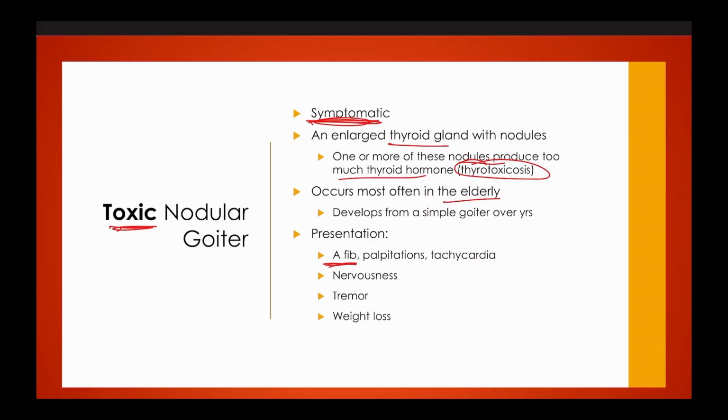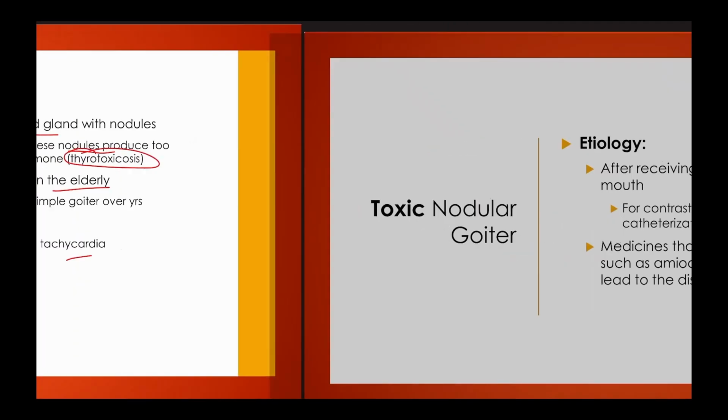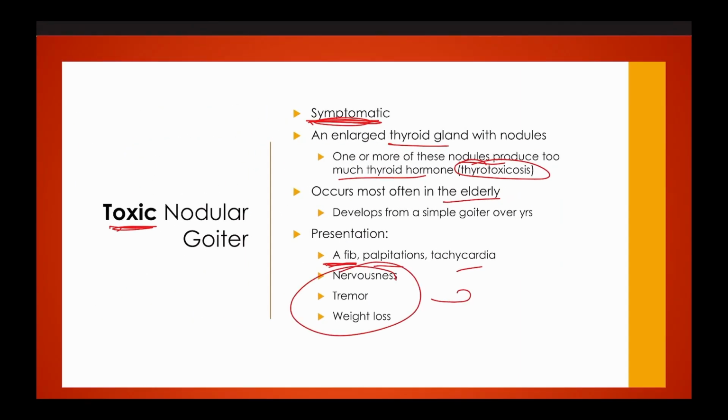Presentation, here's your AFib again, palpitations, tachycardia. That's why I said before, any new onset AFib in an elderly patient, think thyroid problems. Nervousness, tremor, weight loss. Why? Because they have elevated T3, T4. They're hyperthyroid, so they have hyperthyroid-like symptoms.